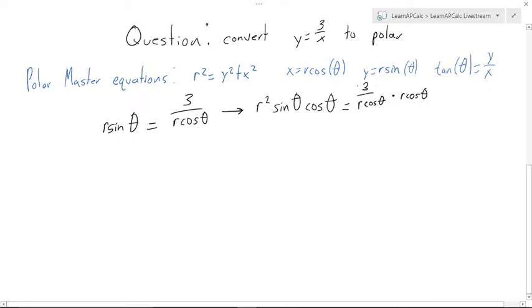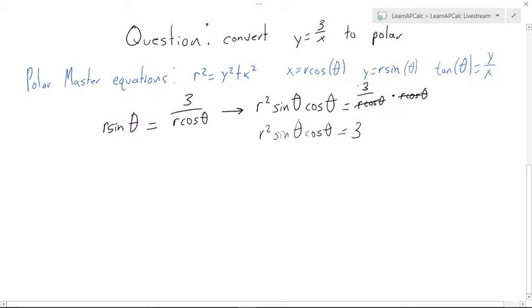And now, if you look at this, you can see that this is going to cancel out, because we just simply have this fraction here. So I can rewrite this as r squared sine theta cosine theta equals 3.